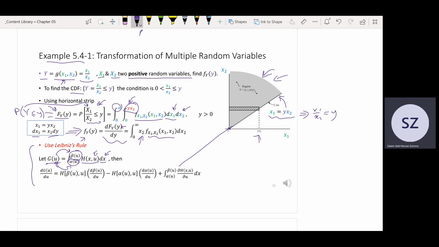So this is a general rule that simplifies things when you have a CDF that is an integral expression and you would like to find the PDF.